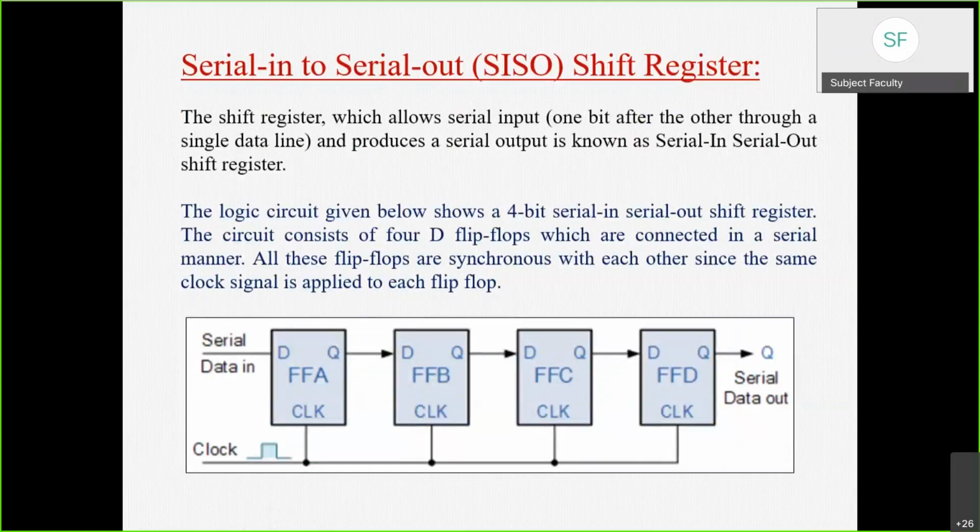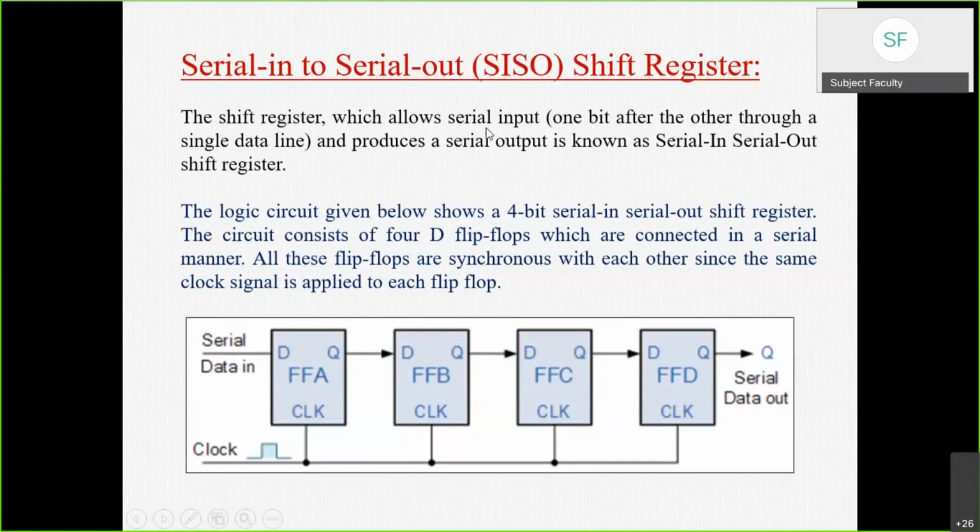So now we will see the first type, that is serial in serial out shift register. That means here the input as well as output is taken in the serial configuration or the serial fashion. So now we will see it in detail.